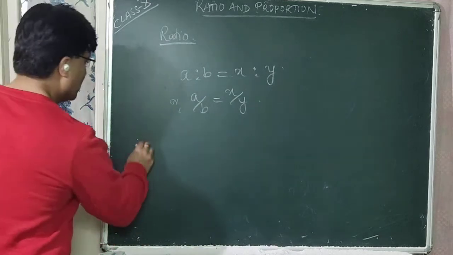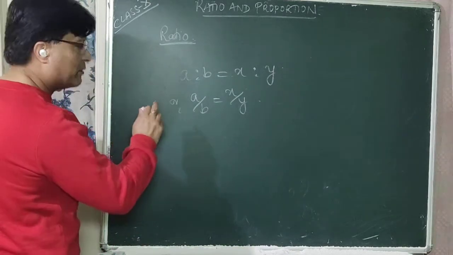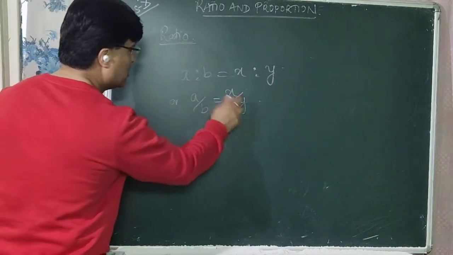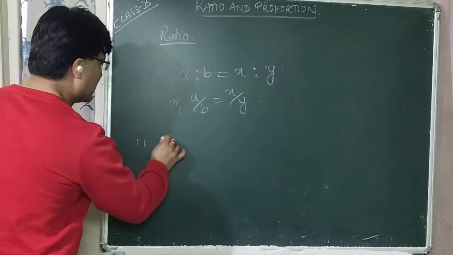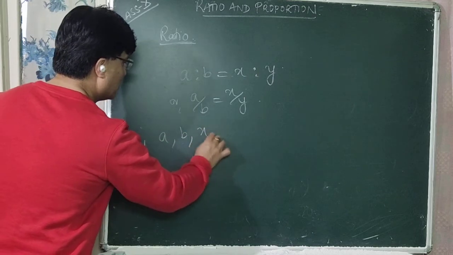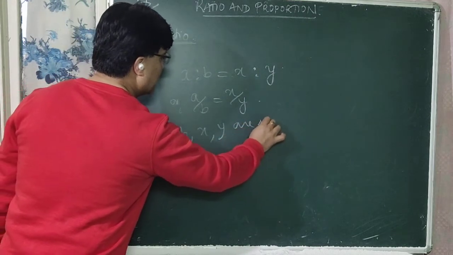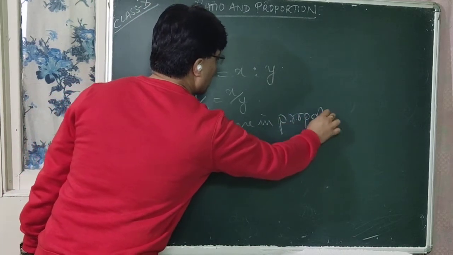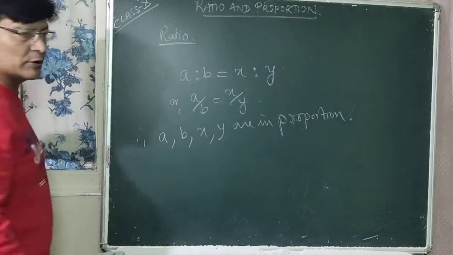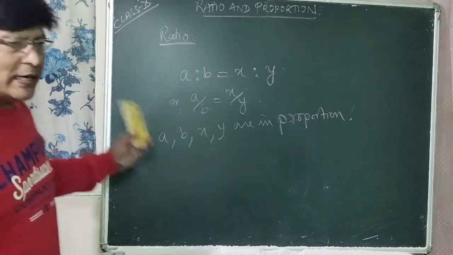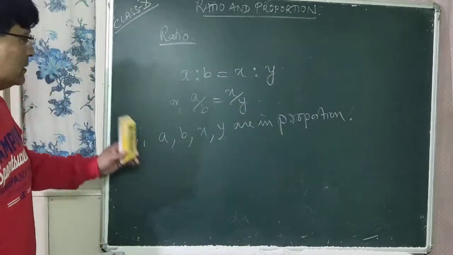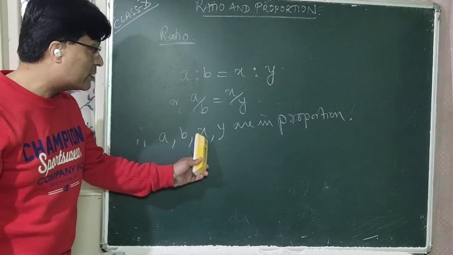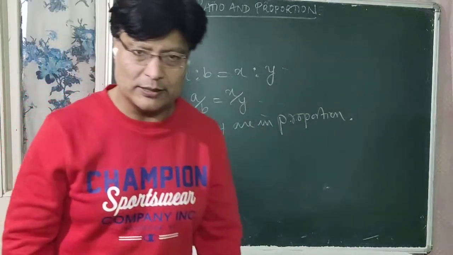Therefore, if you can write A is to B is equal to X is to Y, or A upon B is equal to X upon Y, then we can write that A, B, X, Y are in proportion. Are in what? Proportion, right? So these 4 numbers A, B, X, Y are in proportion, right?